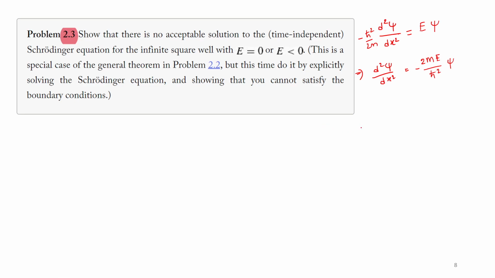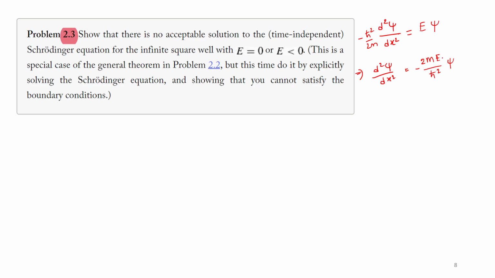Now they are saying to show that there is no acceptable solution for this Schrodinger equation when E equals 0. One thing is that Arunotpal, when asked in the discussion forum, said that E can't be 0 because if E is 0, then it is stationary, and that cannot be possible, right? According to Heisenberg, the uncertainty principle cannot be fulfilled.